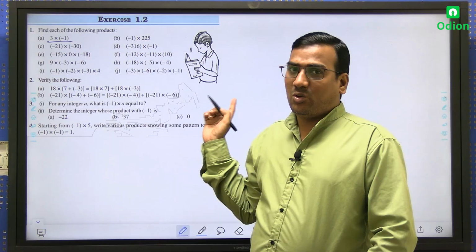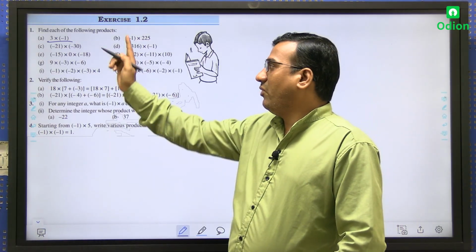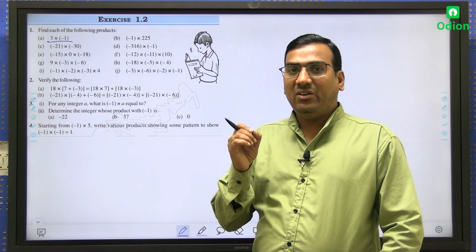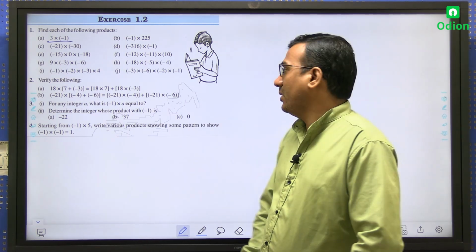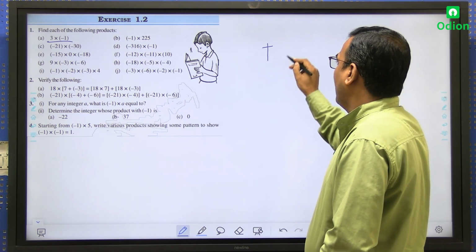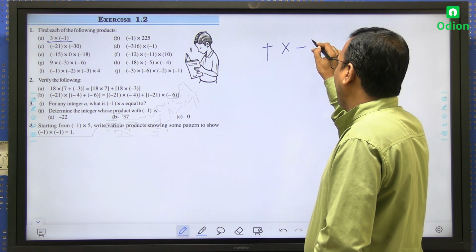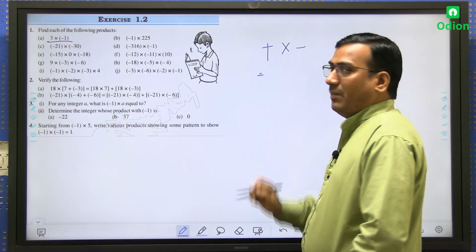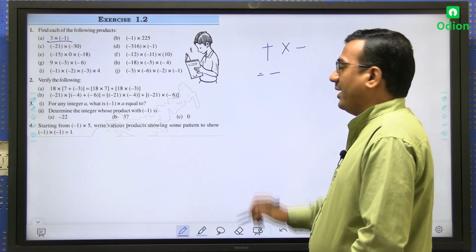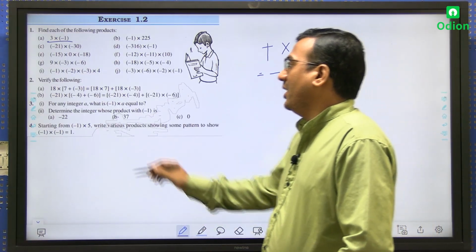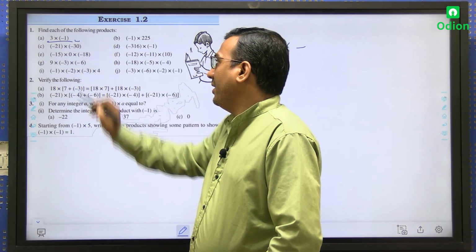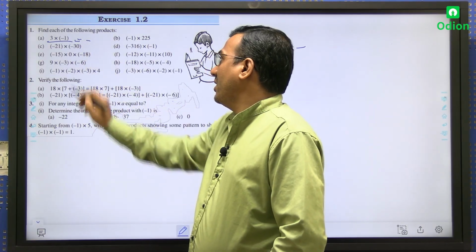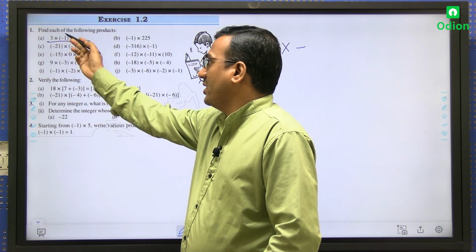According to the rules I have already discussed, if I multiply positive with negative, what will be the symbol of the answer? The symbol is minus. Then multiplication is so easy.